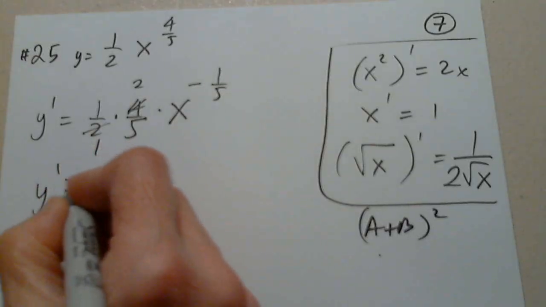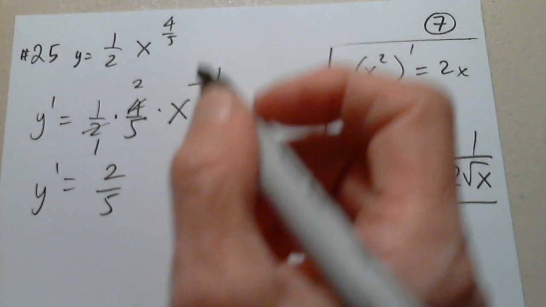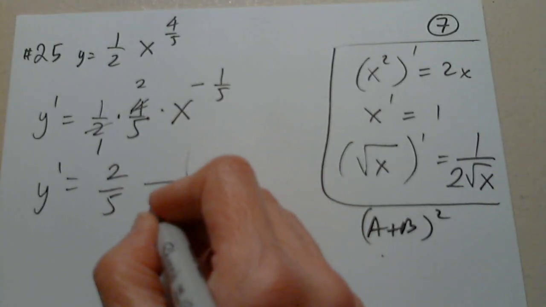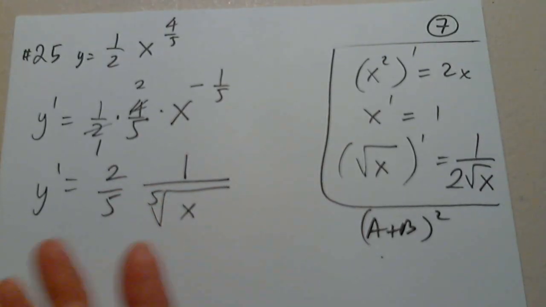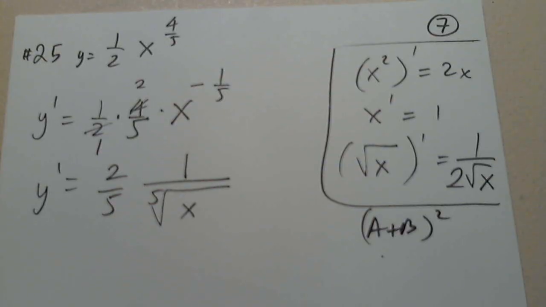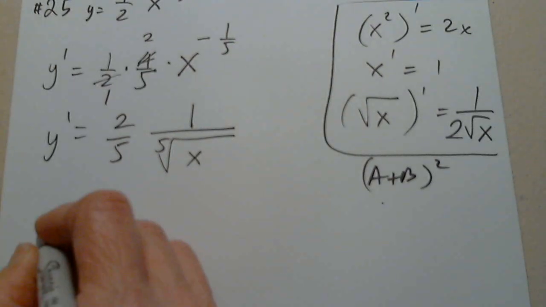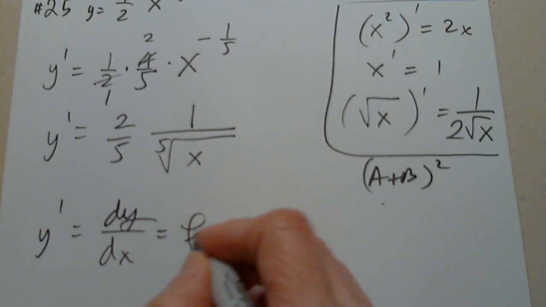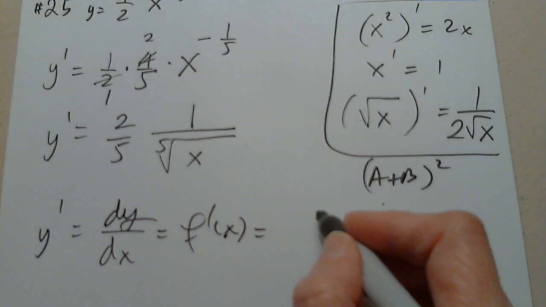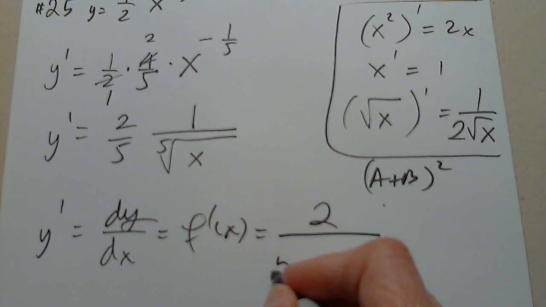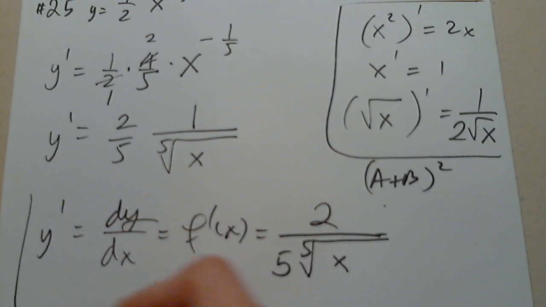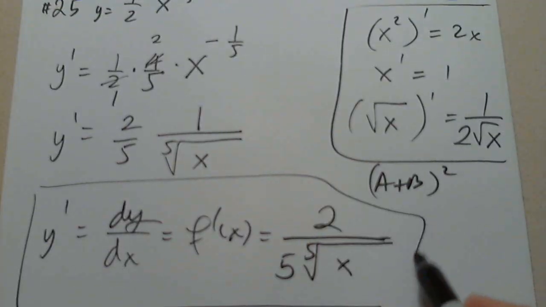So then y prime equals 2 over 5, and x to negative 1/5, remember, is 1 over the 5th root of x. This is awful. It's an awful function. So I have to rewrite it, if you want, dy over dx, whatever you want to write, f prime of x, they all mean the same thing, as 2 over 5 times the 5th root of x. Not a friendly function at all.